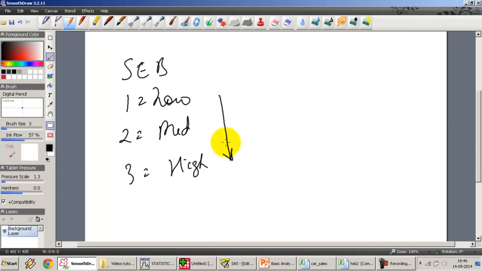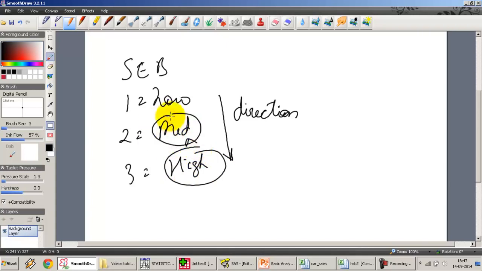As you can observe, it's fairly clear that this variable also has direction, right? We know that socioeconomic background high is in economic terms greater than medium, which is again in economic terms greater than low, right? So there is some kind of direction in this variable, but there is no magnitude, right?